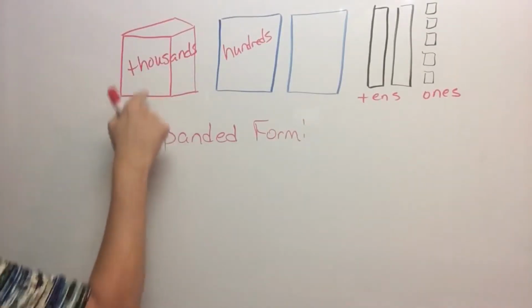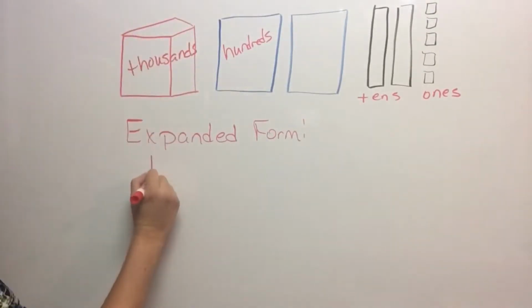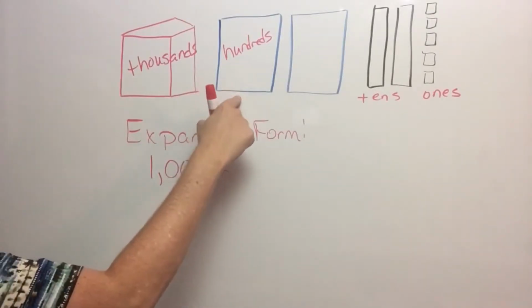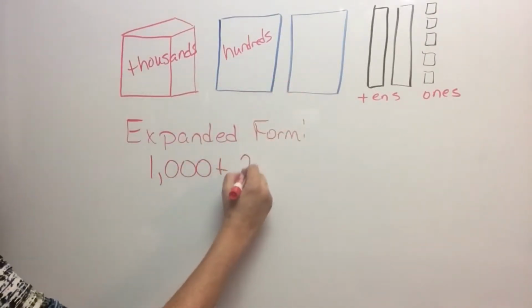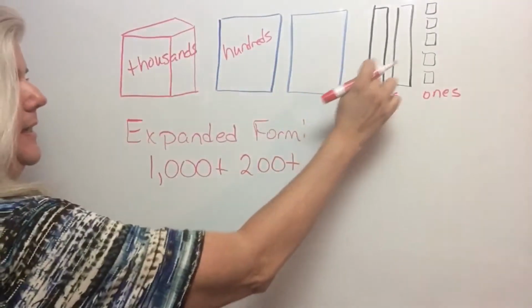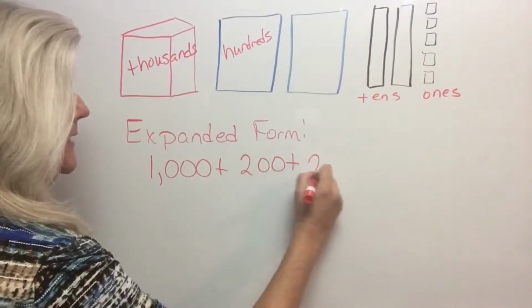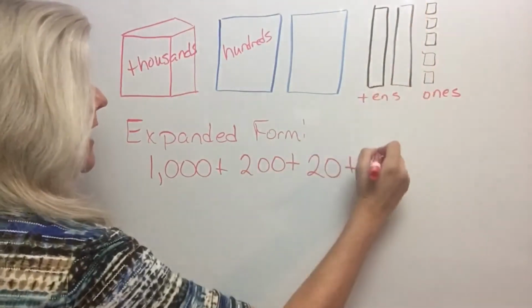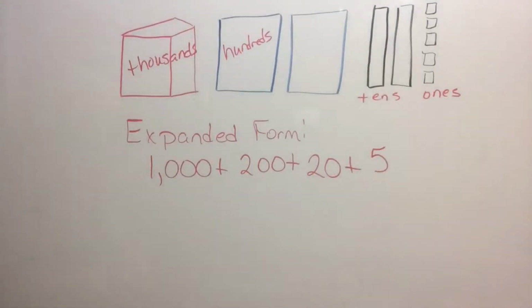Now thousands, I only have one. 1,000. I have 2 hundreds and 20 tens. And 1, 2, 3, 4, 5 ones.